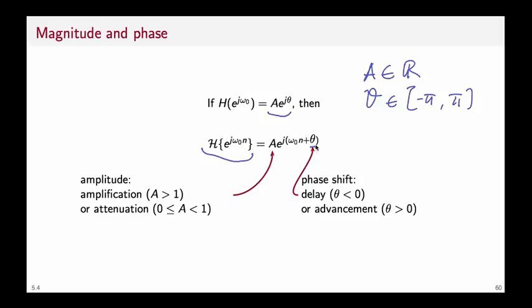So if a is larger than 1, then we have an amplification. If a is less than 1, then we have an attenuation of the input sinusoid. And for the phase shift, if it's bigger than 0, then we have an advancement of the sinusoid, and if it's less than 0, then we have a delay.